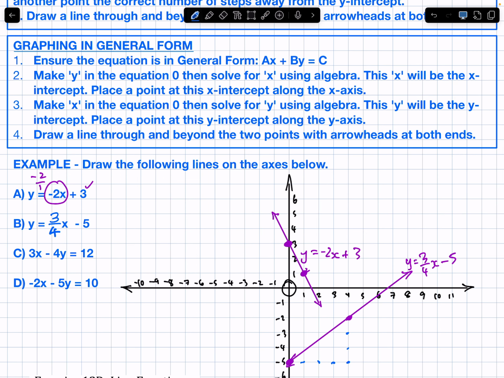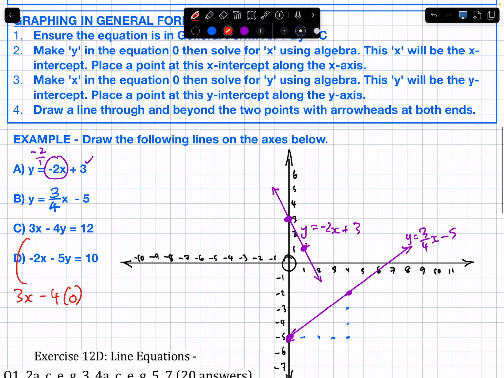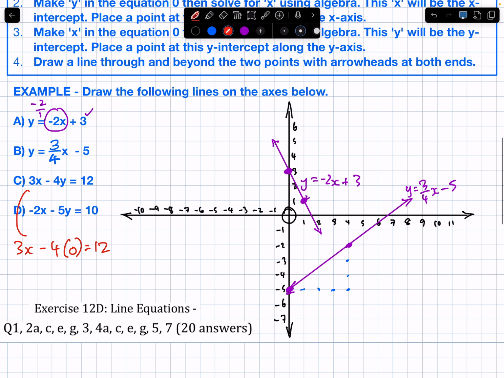So let me demo the working out. I'll do it in red this time. So my working out for 3x take 4y equals 12. I'm going to make y equals 0. What's 4 lots of 0? 0. So what's going to be left on the left-hand side? 3x is going to be 12.